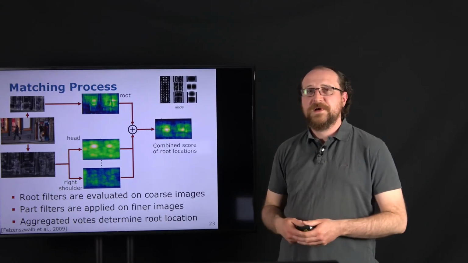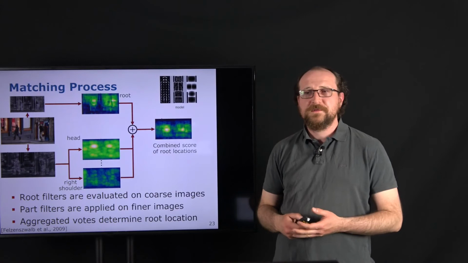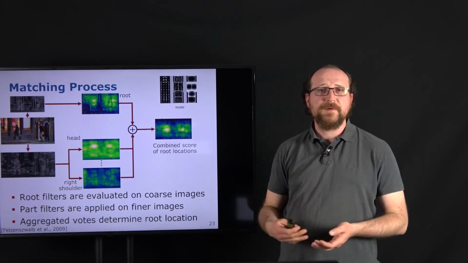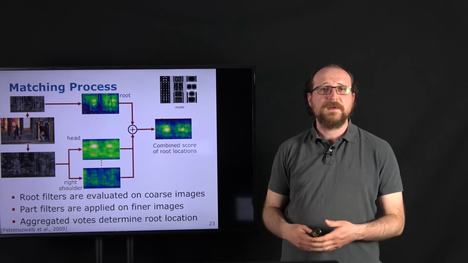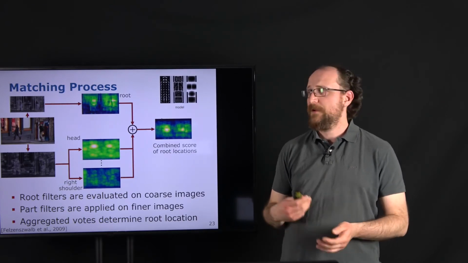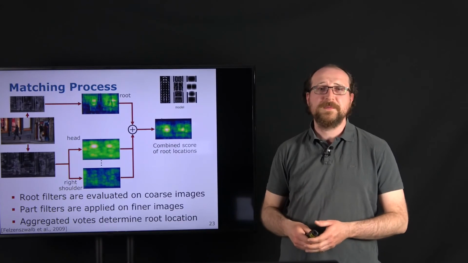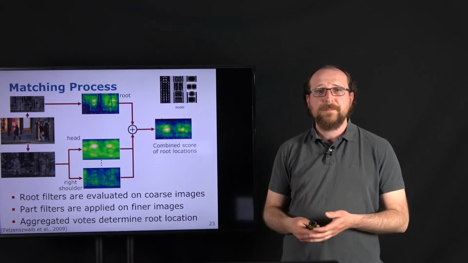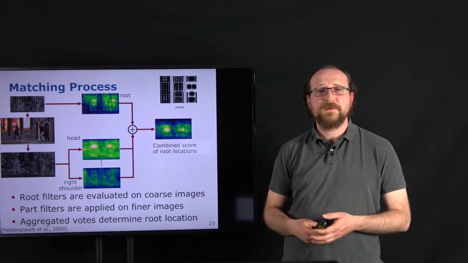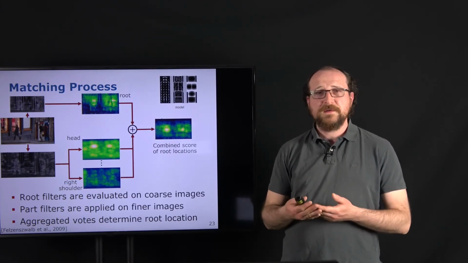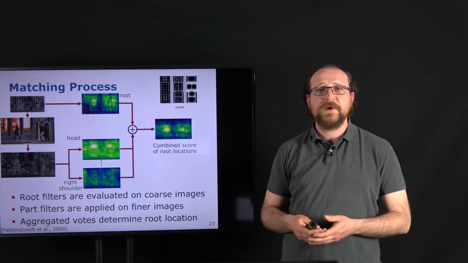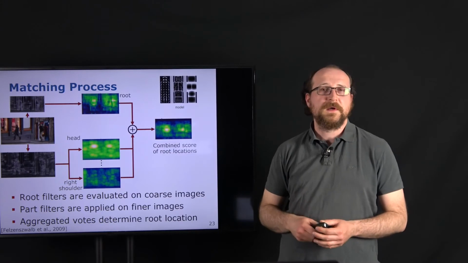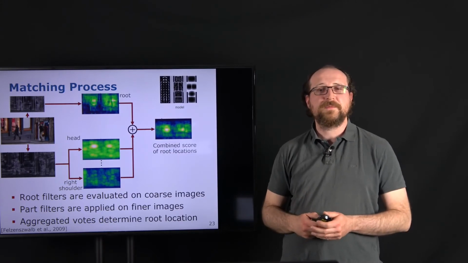But moving on in time, people figured out that this approach of exhaustively evaluating the detector everywhere is very wasteful, because a lot of the parts of the images are not containing any object. They are just background. Maybe, as we saw in the beginning, like the house fronts where no object at all is located, but you're still evaluating everywhere with this sliding window approach.